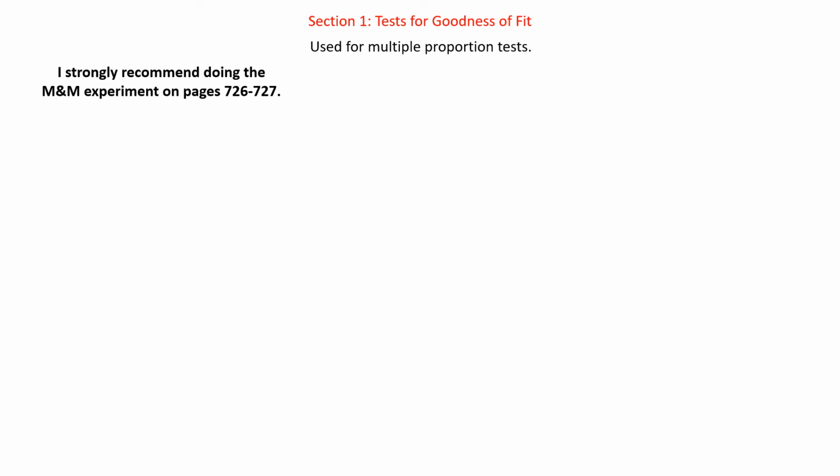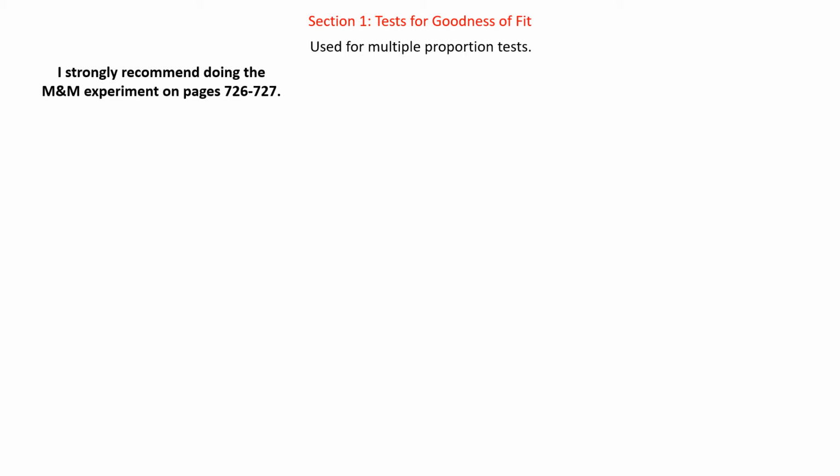They have to add up to 1. So as one of them goes up, something else has to go down. They're not independent of each other, and so those other types of tests don't really work. This is a generalized version of what those other ones were, but it is a bit different.